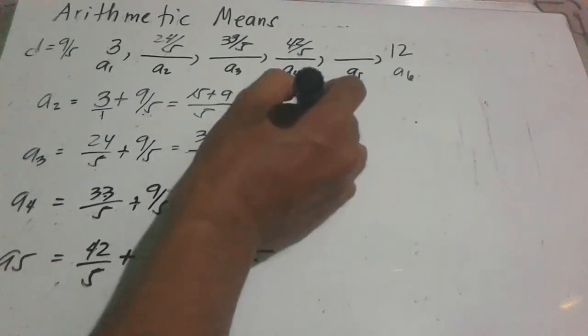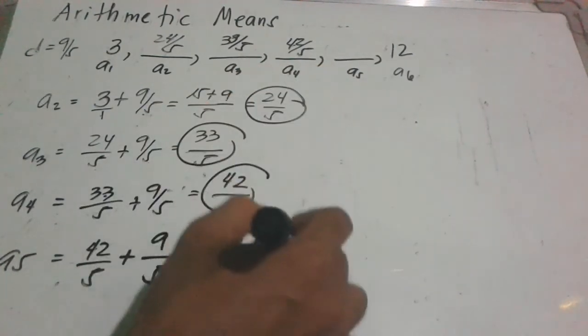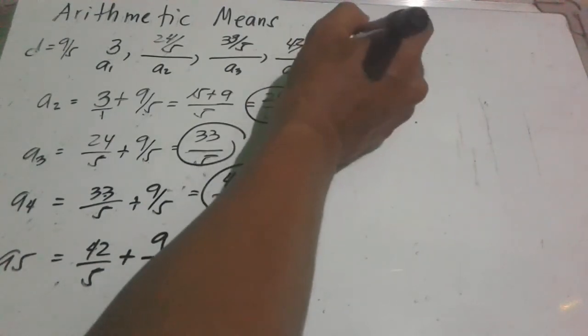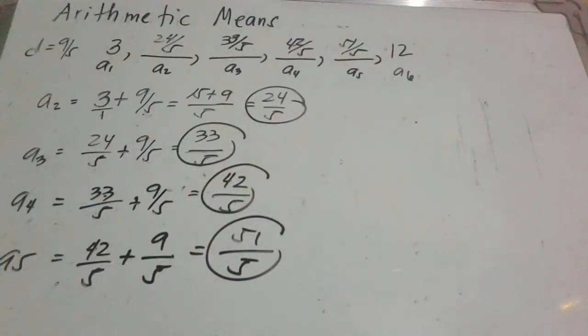So this is our answer: 51 over 5. That is how we insert 4 arithmetic means between 3 and 12. Okay, so that's it. It is a bit complicated because it involves fractions, rational numbers.